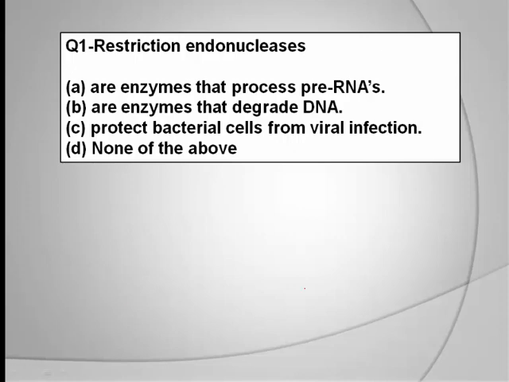Restriction endonucleases are enzymes that process pre-RNAs, are enzymes that degrade the DNA, protect the bacterial cell from viral infection, and the last option is none of the above.